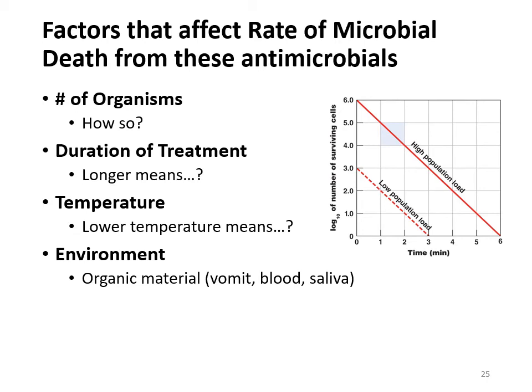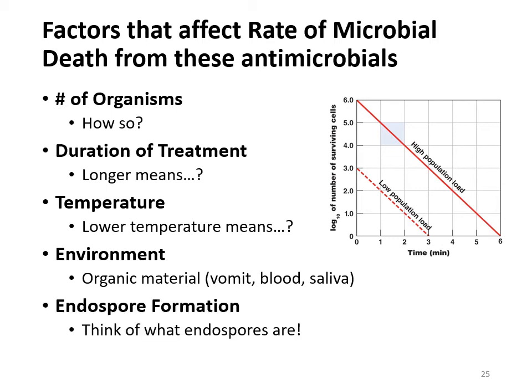So it protects them and decreases the rate of death. It also helps destroy some of the chemicals that you will try to use to kill them, okay? So certain things like vomit, sometimes the pH of it or various aspects of it can kind of help break down disinfectants and make them less effective. Okay, so organics are bad for trying to kill microbes.